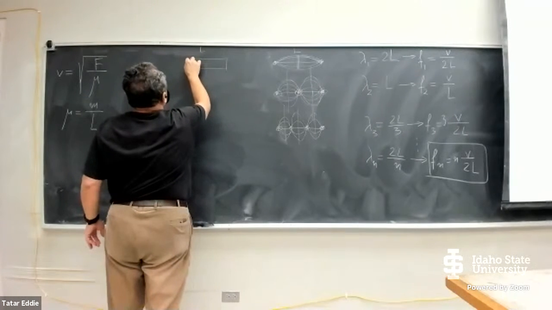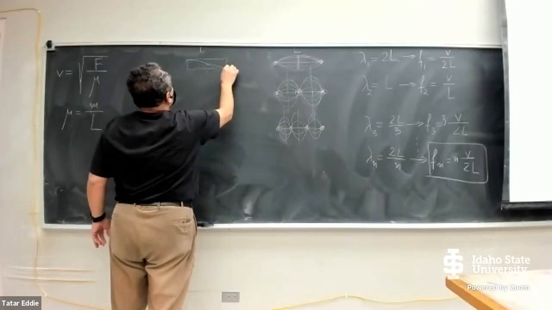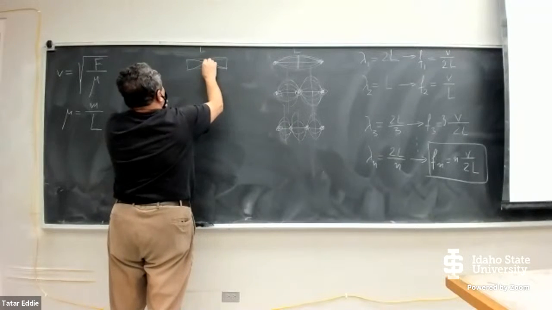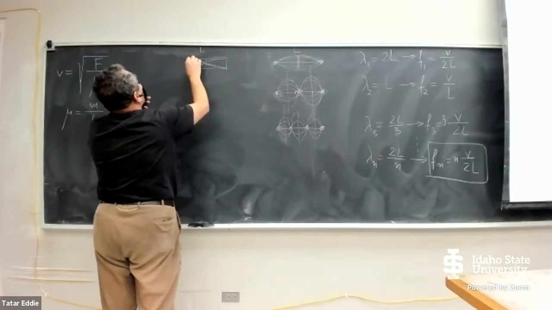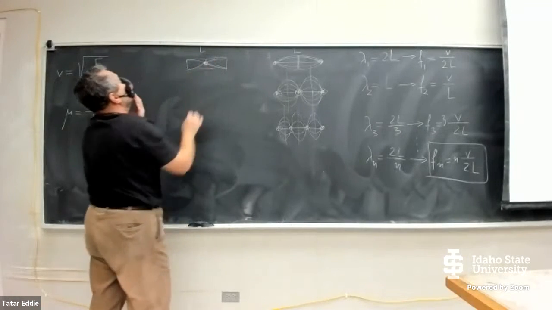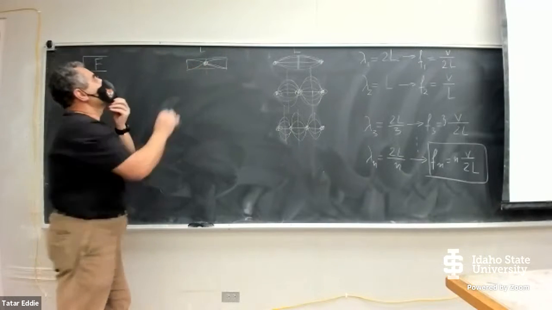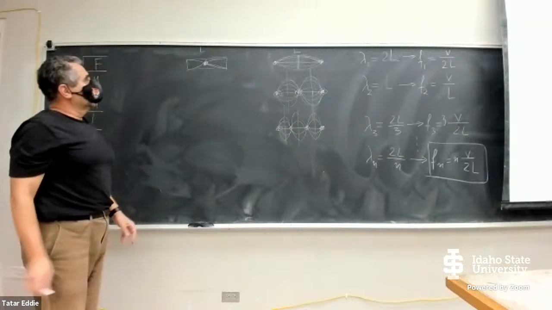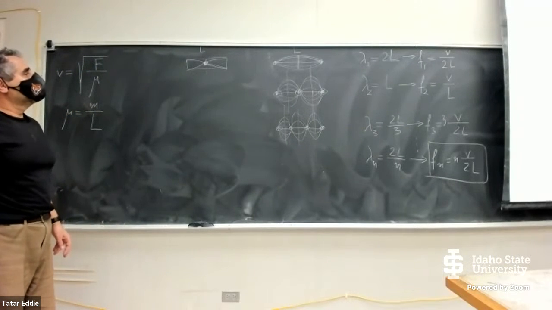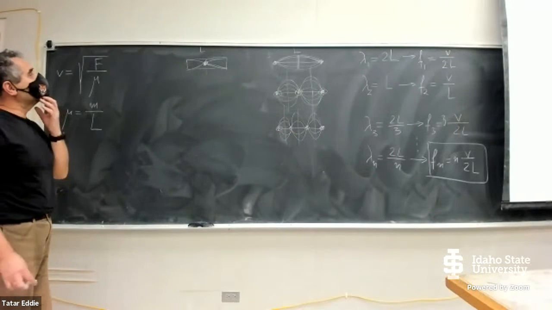You're going to have high variation of pressure at the 2 open ends of the pipe. And the pressure is going to be constant, equal to atmospheric pressure, in the middle of this pipe. So this is the first harmonic for a pipe with 2 open ends.